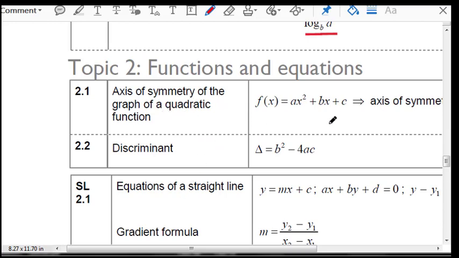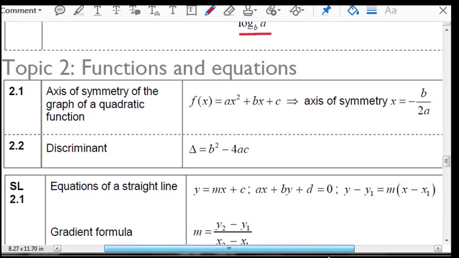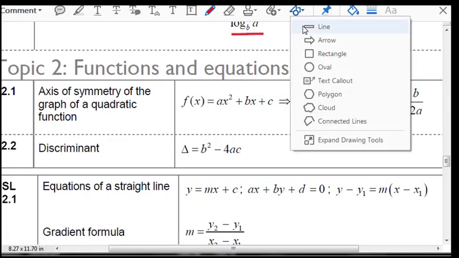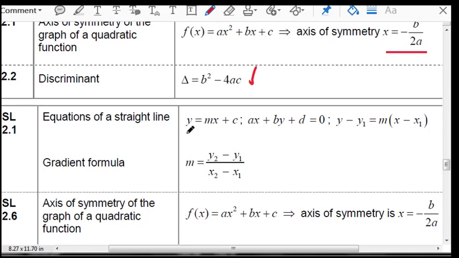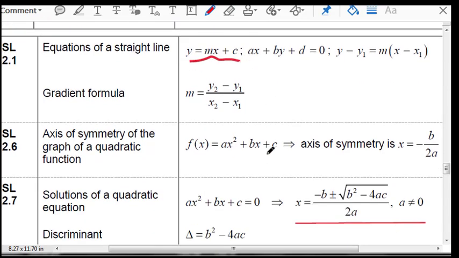Now functions and equations. Axis of symmetry of the graph of a quadratic function: you can find the value of x equals minus b over 2a. Discriminant: b square minus 4ac. Equation of a straight line: y equals mx plus c.